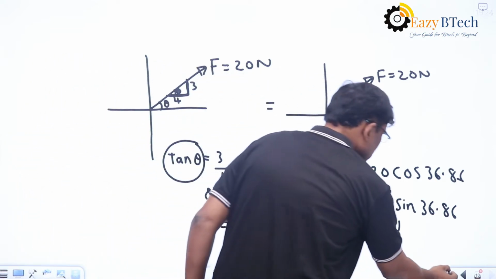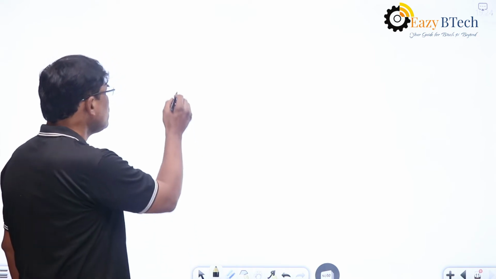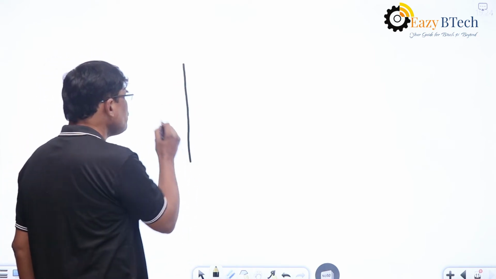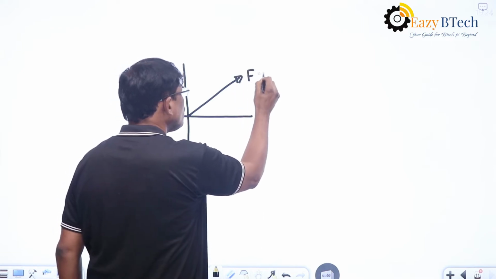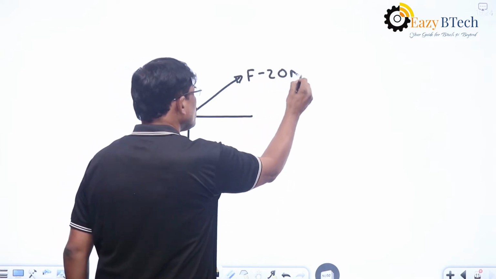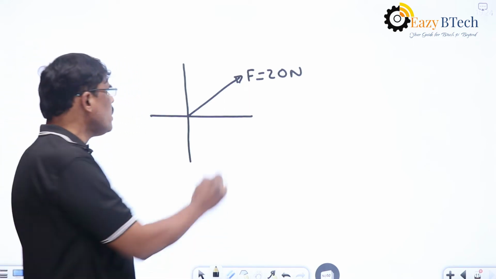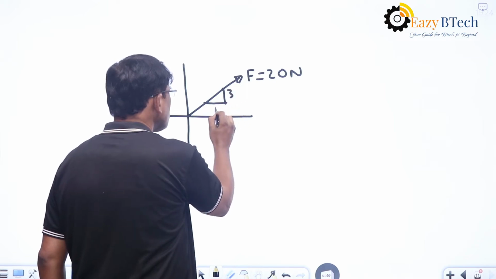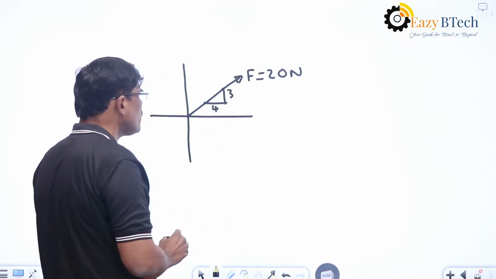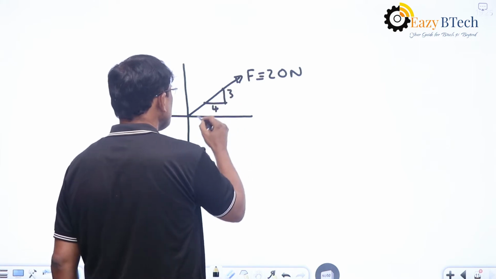And one more way here is, if you take the same force, let us say F is equal to 20 newtons, and now this y length and x length are given as 3 and 4, and we can also find the length of this hypotenuse.